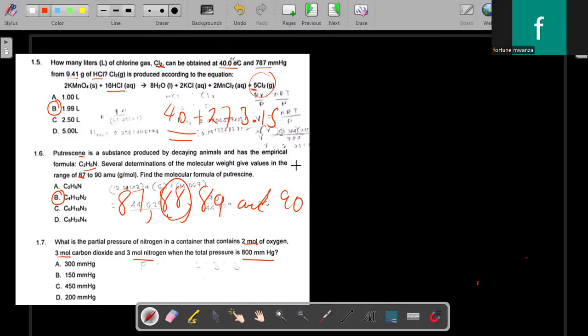We've also been given the total pressure, which is 800 millimeters of mercury.